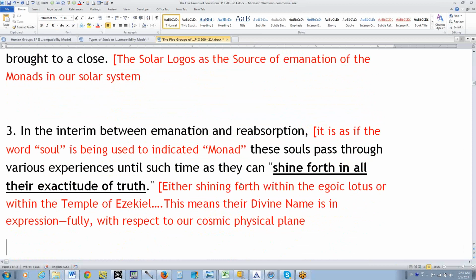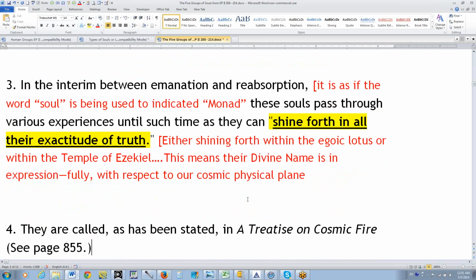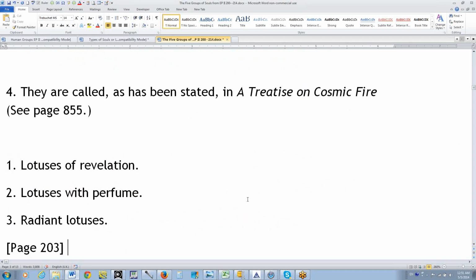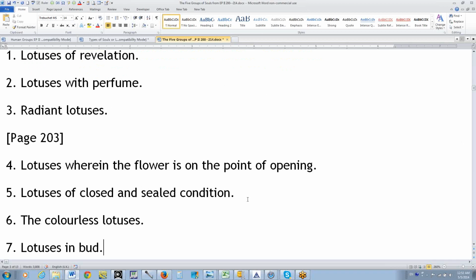And it is necessary that each one of these monads in extension eventually shine forth in all exactitude of truth, which means to demonstrate its true inner name. And then we discussed the names of these 7 types.